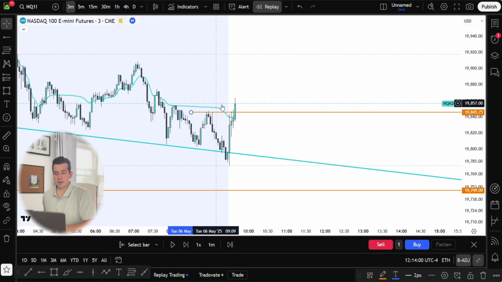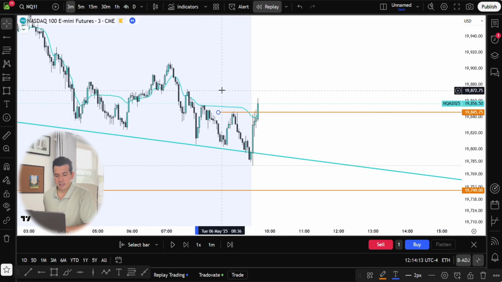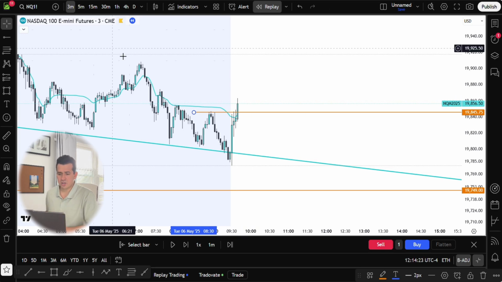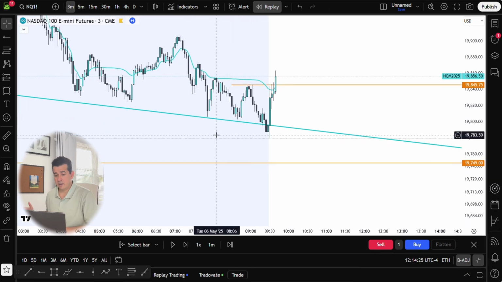For me, back in the days, I would set my entry point at this point right here and take a long trade because I think the market is gonna go up. But let's see. I'm still waiting on this trade. I'm still waiting for more market instruction, what the market's trying to do here. I still have my plan there.